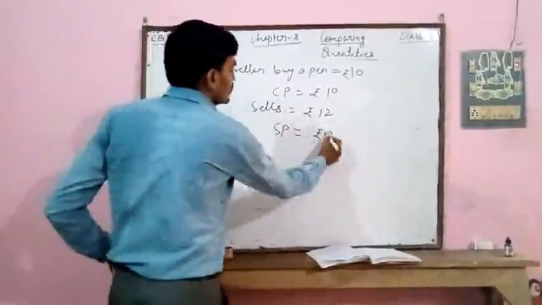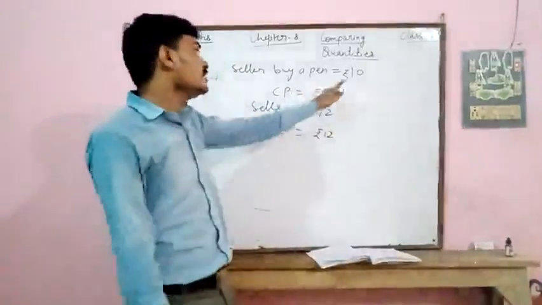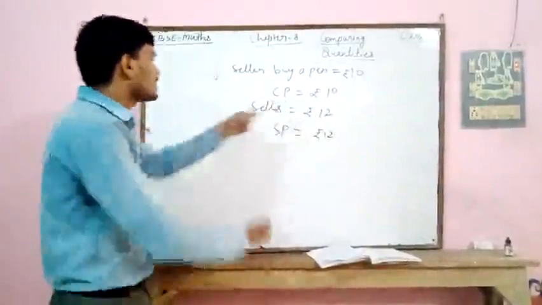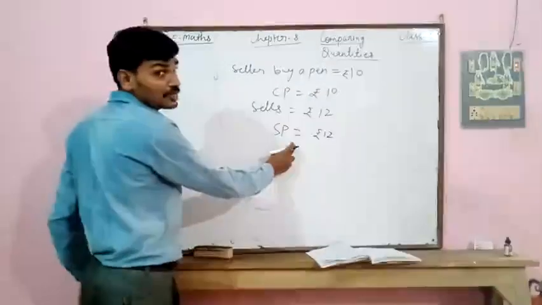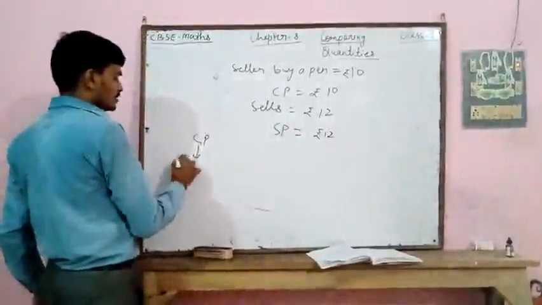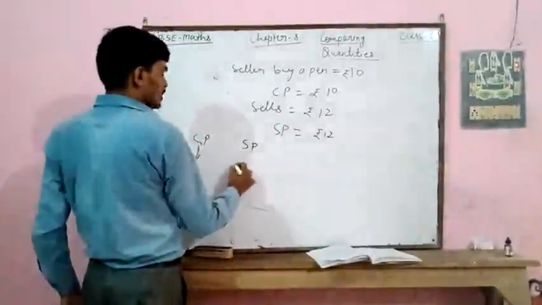So if a seller buys a pen at 10 rupees and sells it at 12 rupees, here CP is 10 rupees and SP is 12 rupees.